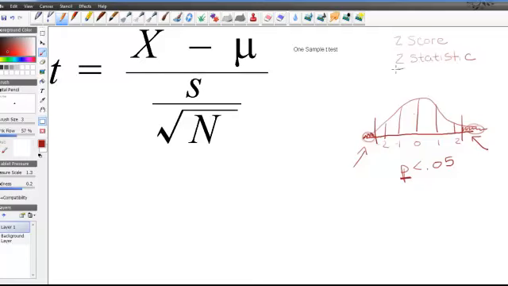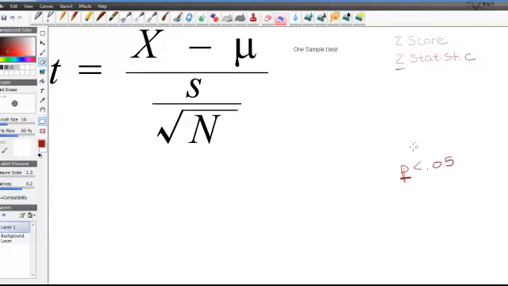We started with z-scores because we knew population parameters. Now we're moving into inferential statistics, where we have a sample and we want to generalize to a population. There are a couple of ways to do this. T-tests in general are going to ask, is this group, is this mean, different from some other group?